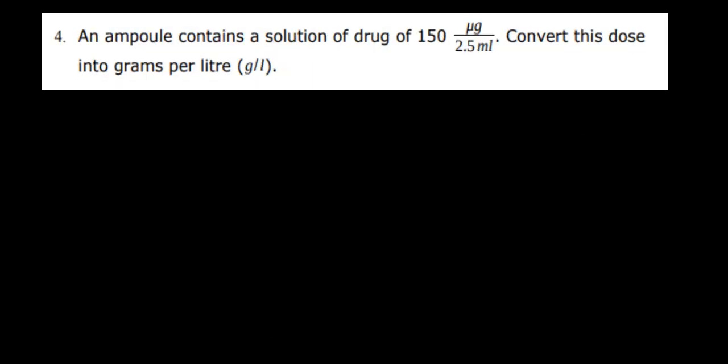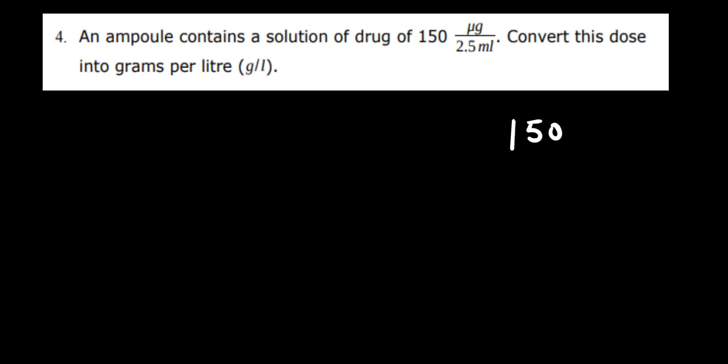Okay, now let's solve question number 4. Question number 4 is saying an ampule contains a solution of drug of 150 micrograms per 2.5 mils or milliliters.